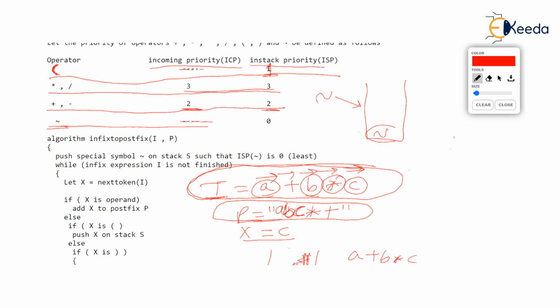But tilde will never come in as an operator, so there is no question of defining its incoming priority, but it will stay in the stack. So in-stack priority is defined, and you see the in-stack priority of tilde is least, that is 0. So these are the priorities of the various operators. Okay. So far so good.